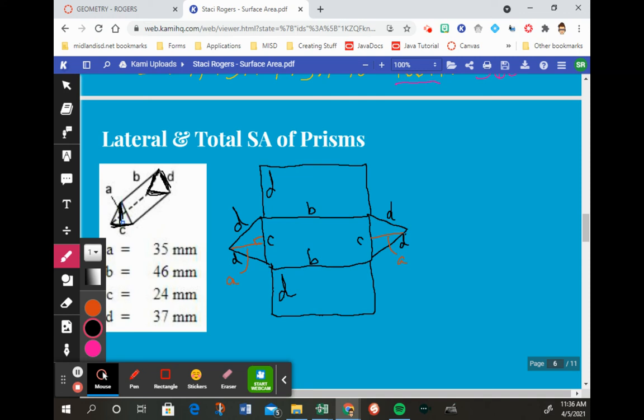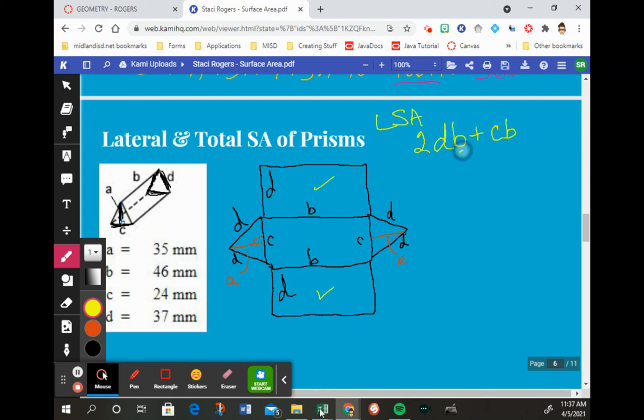So let's mark down our lateral surface area. Is B times D, or D times B. How many of those do we have? 1, 2. So I'm going to put 2 on there. Plus C times B. I'm going to do some fancy math that we don't remember from Algebra 1, Algebra 2.